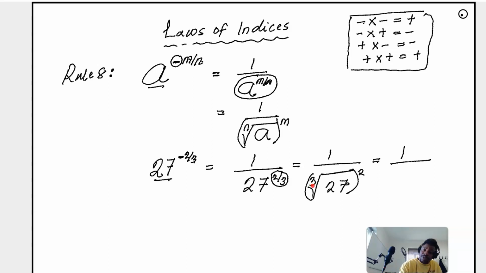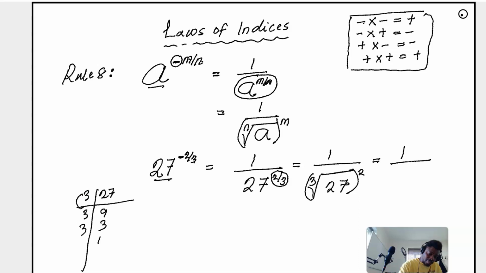What cube root is telling you is that the same number you will multiply 3 times will give you 27. So the cube root of 27 is 3. Because if I do like this, and I say 27, what can go into 27? 3. 3 here is 9. 3 here is 3. 3 here is 1.